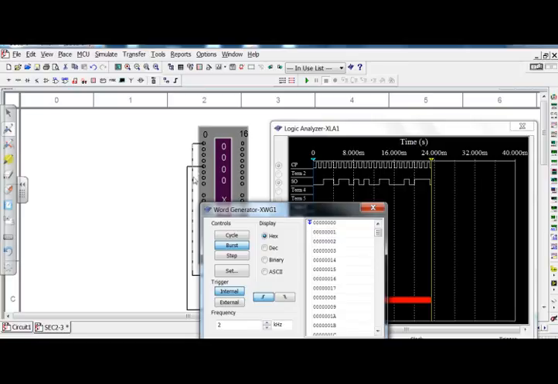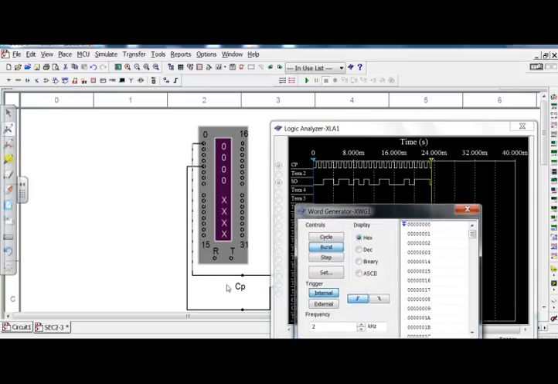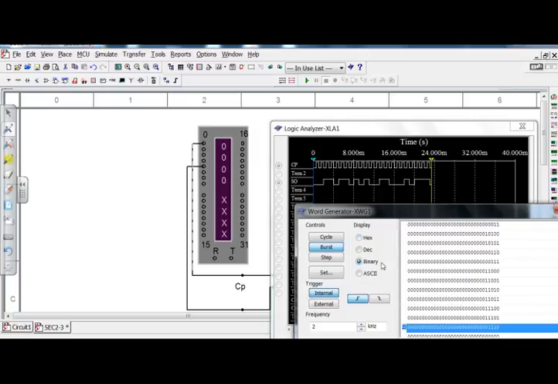Yeah, but what it's transmitting... So that's the clock pulse. 1, 2, 3, 4. So it's transmitting out of the number that it has. It's transmitting the 4th bit. We'll change that to binary. So 4th bit, 1, 2, 3, 4.